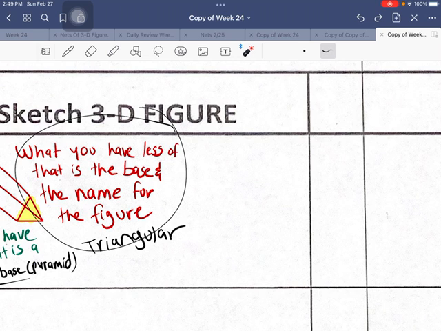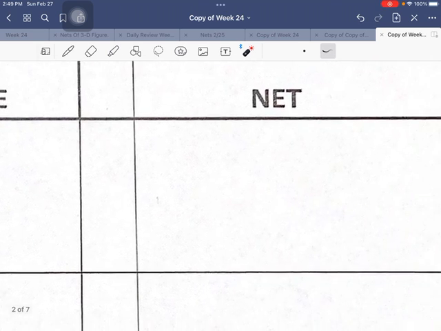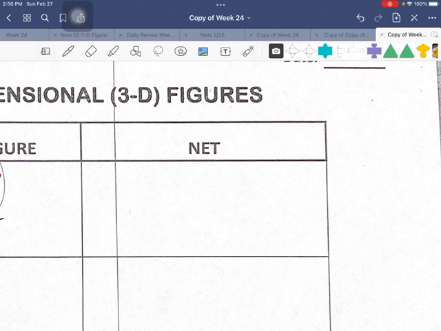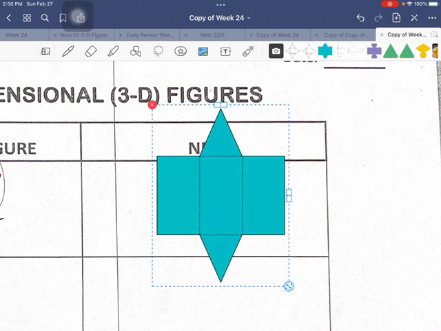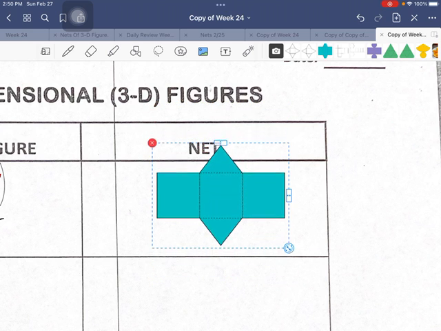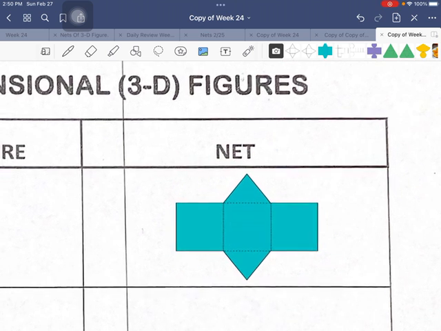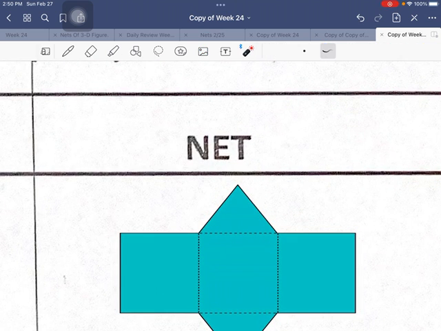Okay, it's fine if it's circled. Yeah, there we go. When we open it up, this is what it looks like. Ahí está. Now, this is the so-called net, the famous net.